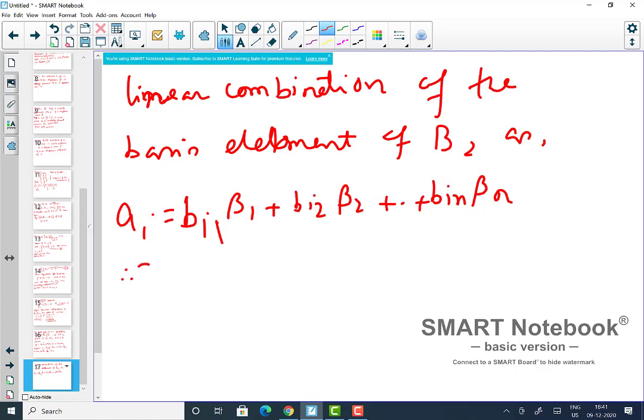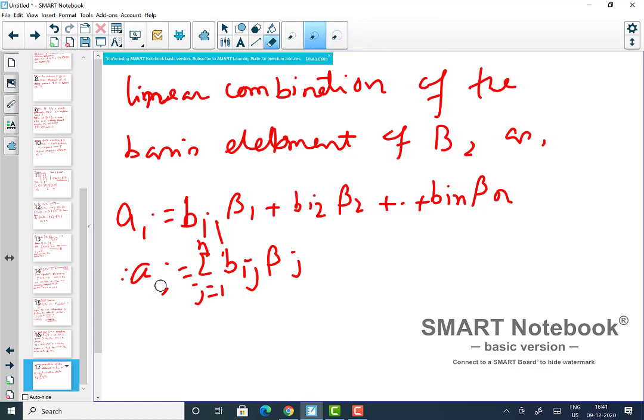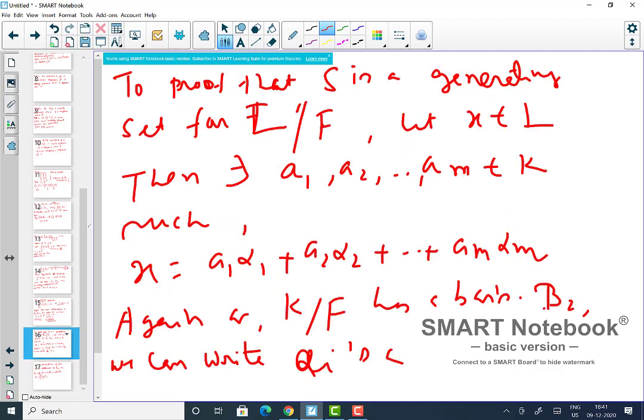So in general, you can write down a_i equal to the summation b_ij beta_j, j equal to 1 to n. This is in general, you can write it down. Okay. Now a_ij equal to this, and obviously you have this equation x.